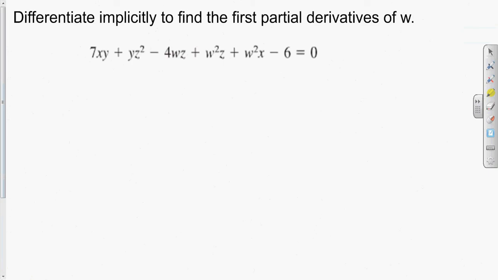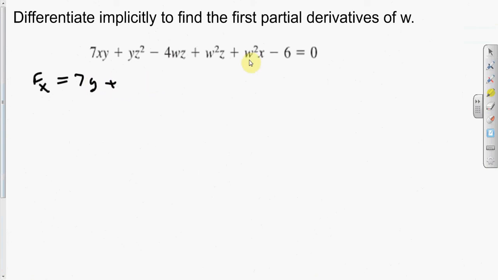Differentiate implicitly to find the first partial derivatives of w. So here w depends on x, y, and z. So we'll do this one, and I think I had one more, but I think if you get it, then we can take a break. So here, find those partial derivatives, partial of f with respect to x. Just use my shorthand. It's just 7y. Any more x's there?